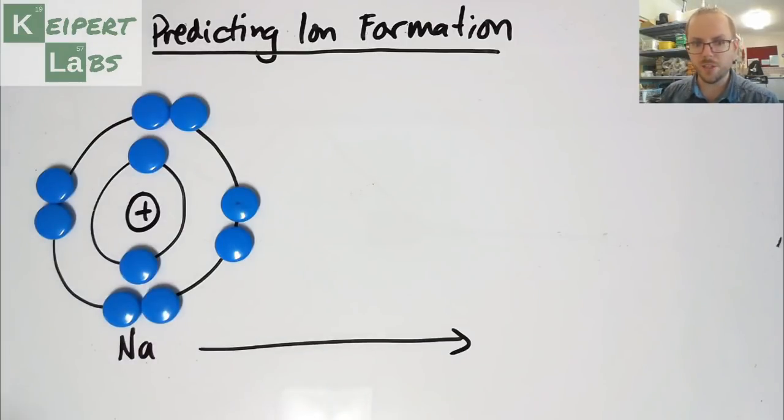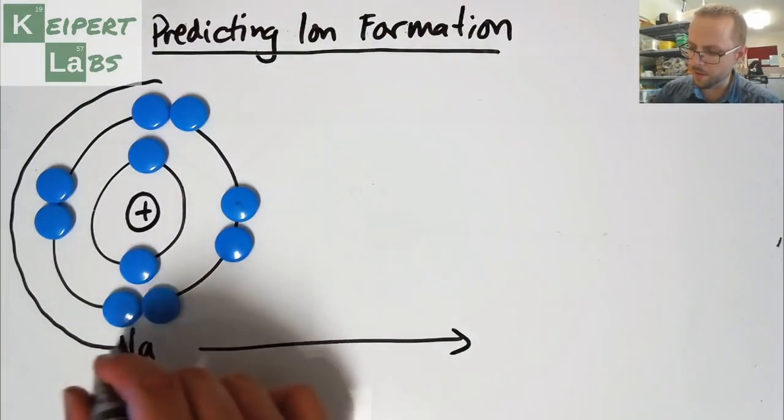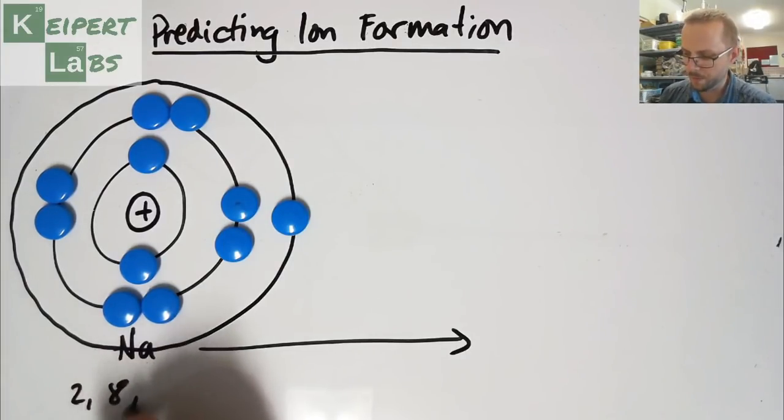And then we need to find room for one more, because we know that those shells are now at capacity. And so then, let's put 1 there. Okay, so we've got 2, 8, and then 1.